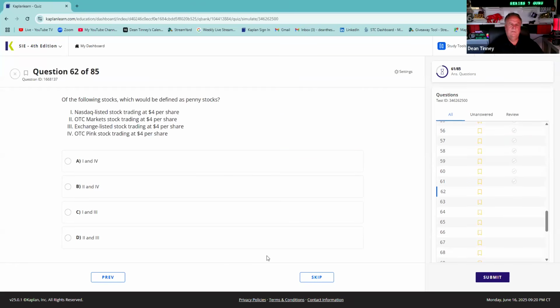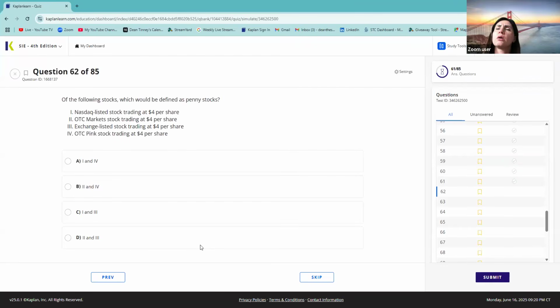Of the following stocks, which would be defined as a penny stock? I like this one. So the pink stock, that's right. You need under 5. And then a NASDAQ listed stock trading at 4 per share, and then an over-the-counter market stock. No, remember it's a non-NASDAQ OTC stock.